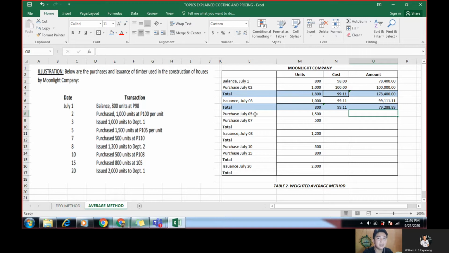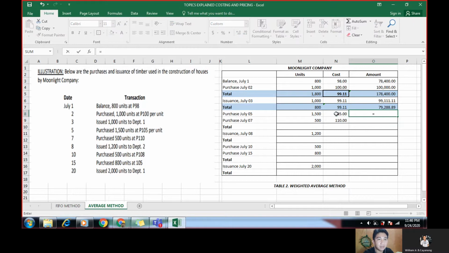So, if ever na magkasunod lang naman yung purchases, no need na to individually compute for the cost. Okay? Pwede natin silang pagsabayin, kagaya ng ginawa ko. Kasi, purchases naman siya on July 5, purchases naman din on July 7. So, pagsabayin na lang natin siya. So, 1.5, magkano ba ang price? 105 pesos. Okay? 105. At saka yung July 7, magkano? 110. Ayan.